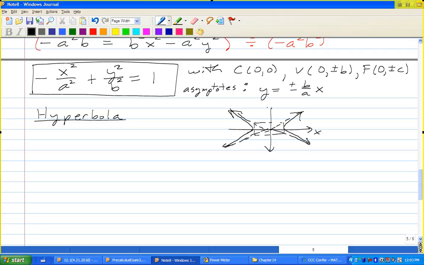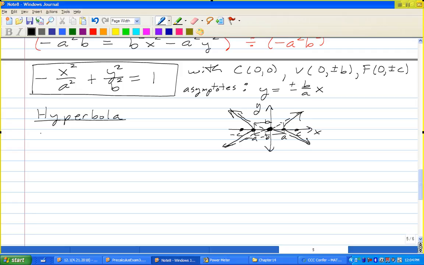Then the foci will be here, vertices are here, center, and your asymptotes. Maybe I can put this will be a, c, minus a, minus c. This is b, minus b.